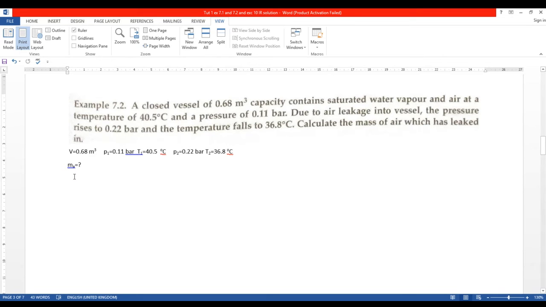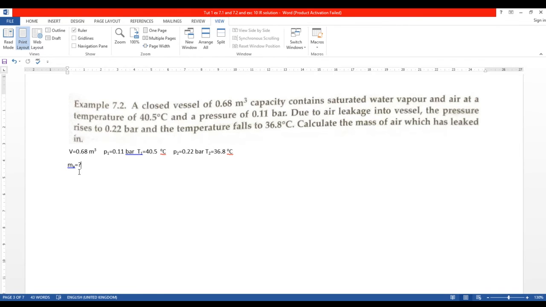Here no flow rate, because it's only volume. We don't have a flow rate. So how to find the mass of air leaked? We find the mass of air leaked, which is the difference between the air in the second condition minus the air in the first condition. So the mass of air MA2 in the second condition after the air leaked, we calculate.